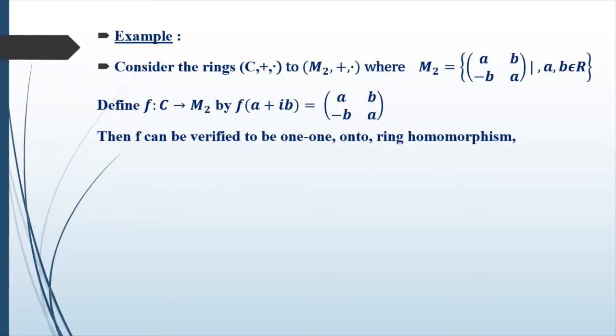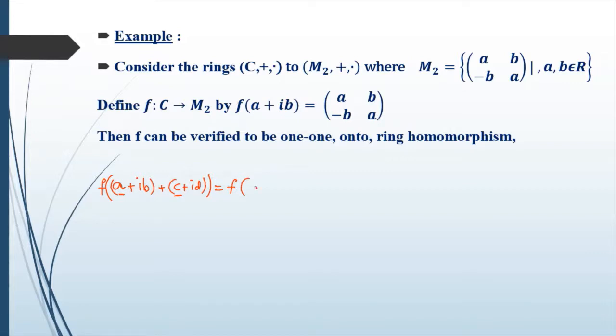To verify whether it is a homomorphism, we have to check two conditions. First, f of, you take two elements in C. I am taking a plus ib and c plus id, where a, b, c, d are real numbers. By definition of addition in complex numbers, we add the real part separately and the imaginary part separately.